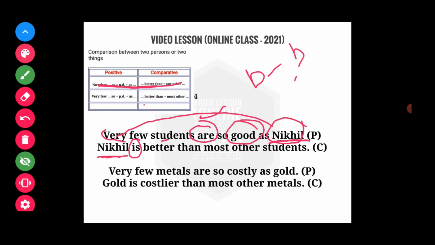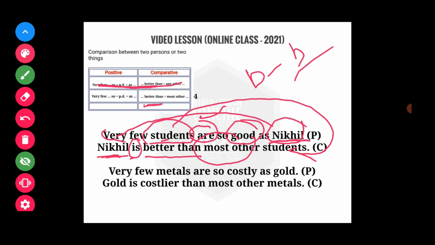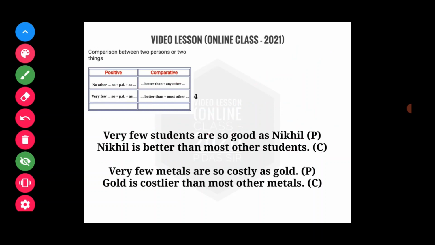Better than best. So Nikhil is, then we have the formula better than, without any other addition, directly we have to write most other, then students; we have to put the last part at the end. One rule I mentioned earlier. Did you understand? Now the second one.